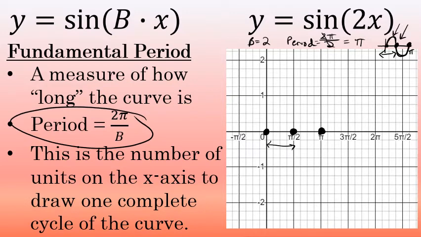And in this case, because there's not a number written in front of the sine, that amplitude is understood to be a 1. So it's going to rise to the top of the amplitude and then return to the x-axis halfway through the fundamental period, which is pi. And then in the second half of one cycle of the graph, it will go down to the bottom of the amplitude, in this case down to -1, before returning back to the x-axis.